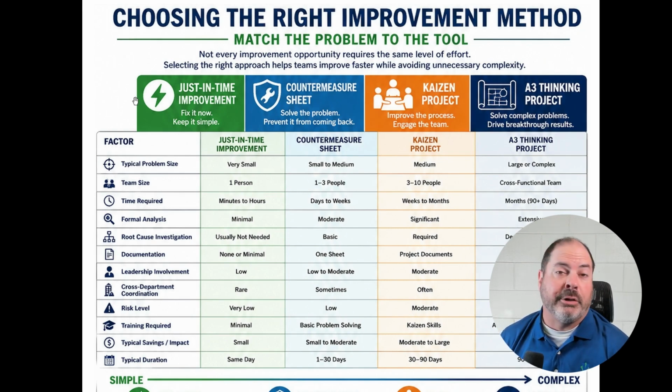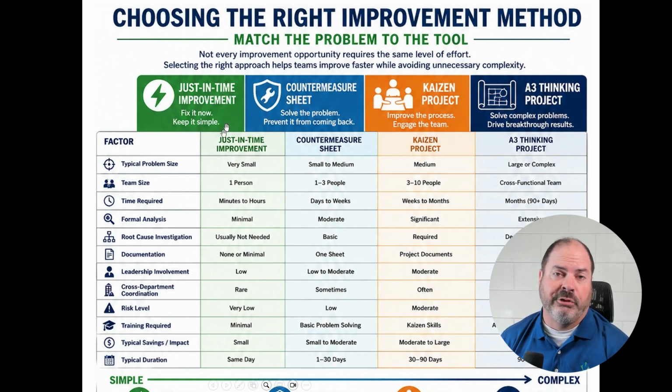And then you have countermeasure sheets, which are like an A3 light, and are more oriented towards bigger problems that need a little bit more analysis, but maybe don't need a full team. They're also used for managing your action items on any kind of your metrics. So let's just talk about these in general.